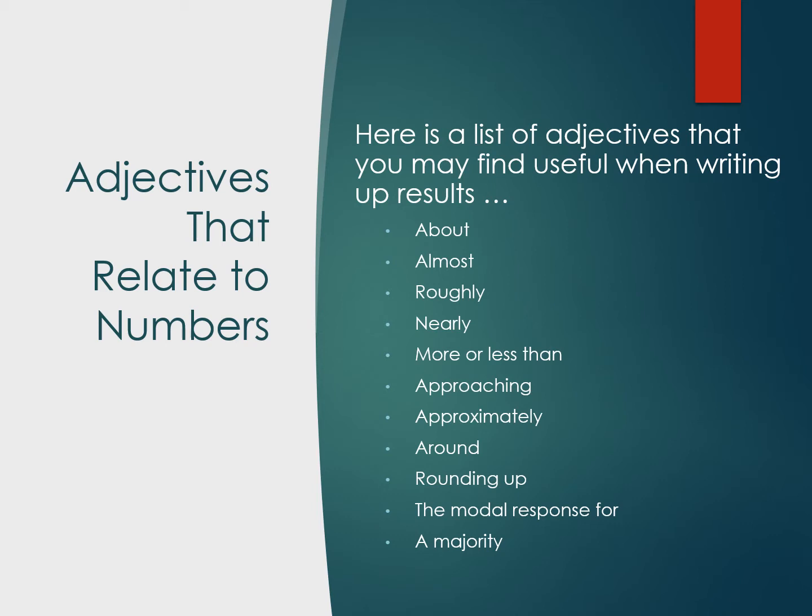You'll see things like a majority of respondents said this, a majority of respondents said that, on and on. What we want is a list of different words that can mean the same thing but change up that lingo a little bit. Here's a short list, and I'm sure there's more. When you're writing those sections, it may be helpful to have this.